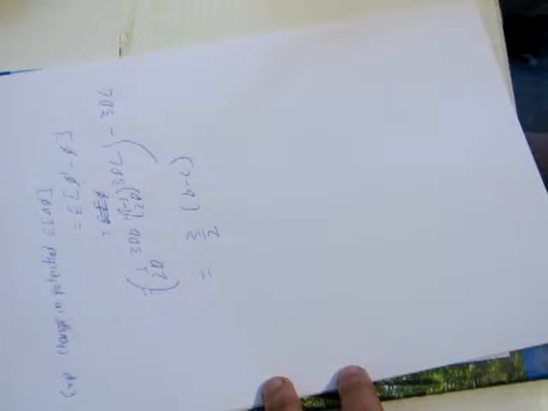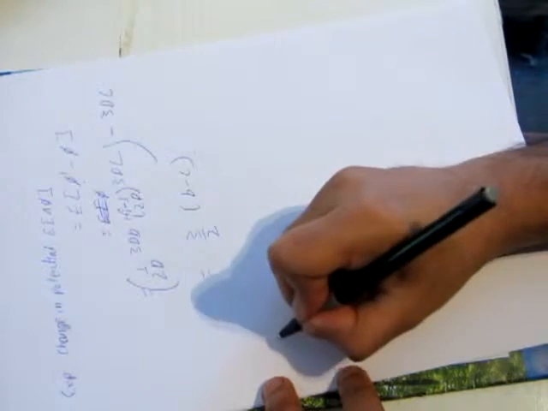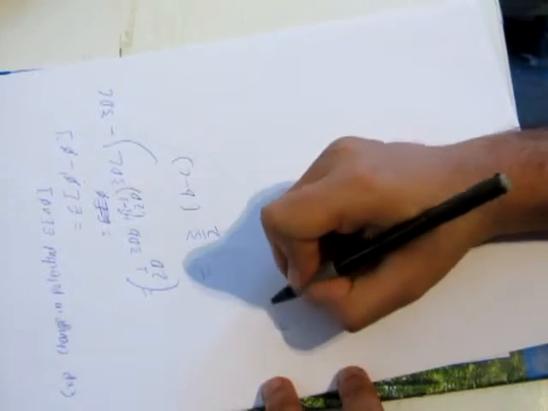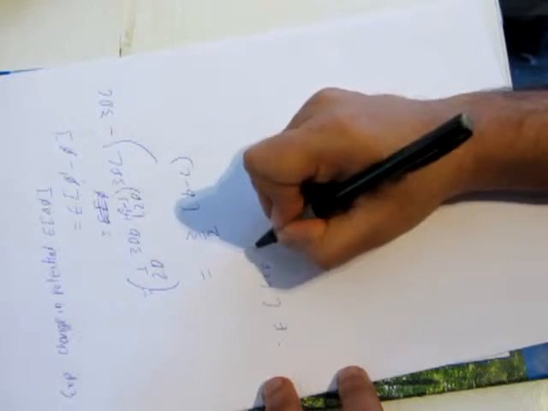Okay, now we have this delta phi. So we plug it into this expression, that is the expected value of the coin flip algorithm plus the change in potential.